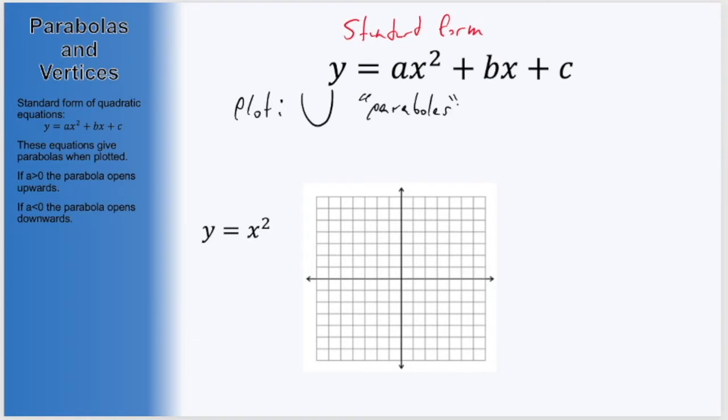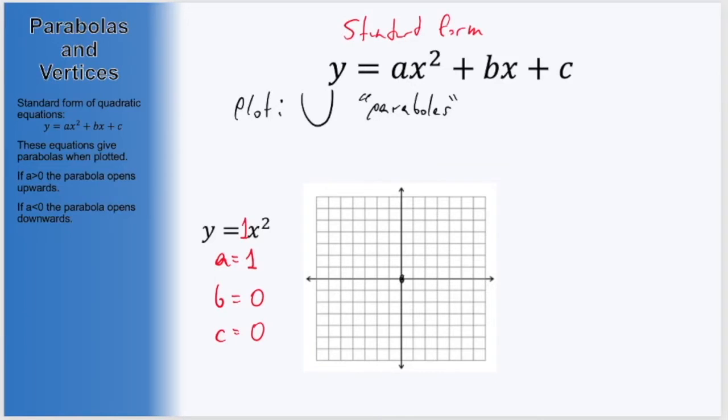First off, let's see what the base parabola looks like. This is the curve that generates from plotting the equation y equals x squared. There's no number written out in front of the x squared, but there's an implied 1 here, so a is 1. There is no linear or constant term in this equation, so b and c are both equal to 0.